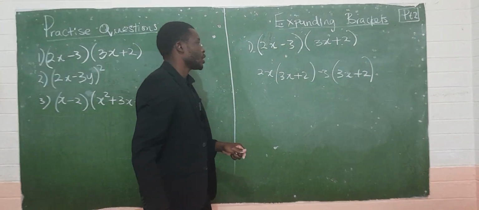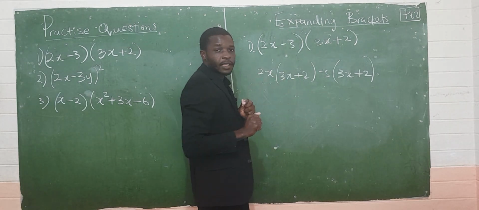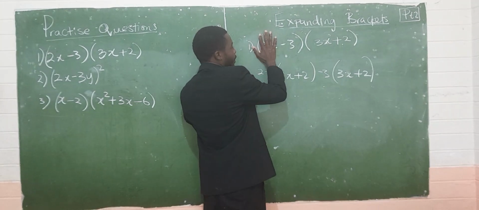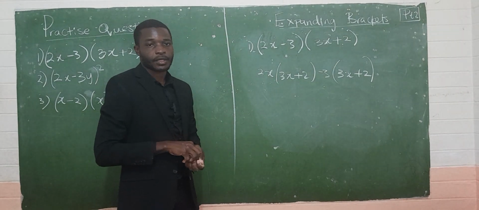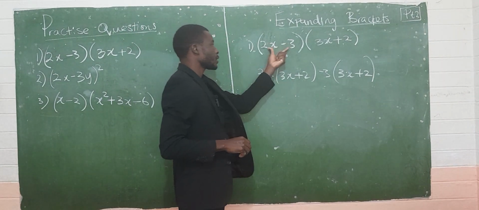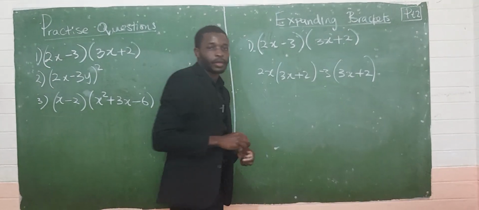This technique ensures that this 2x multiplies everything that is in that bracket and the 3 also multiplies everything that is in that bracket. Otherwise, you break this bracket, then you rewrite this bracket.